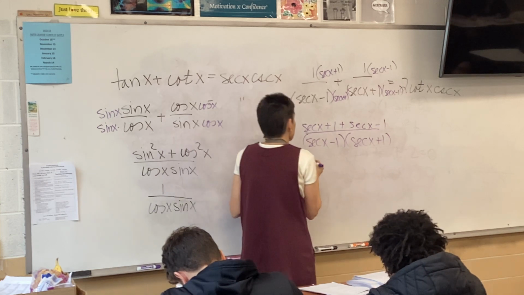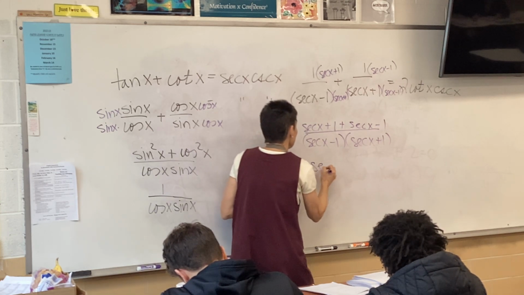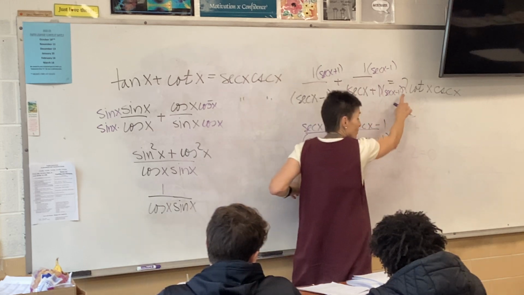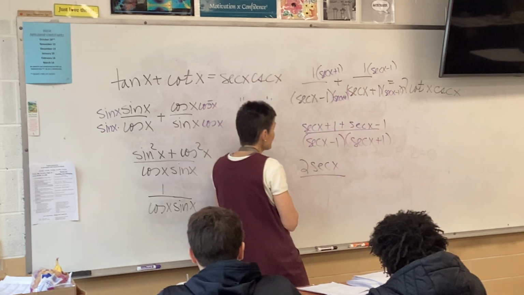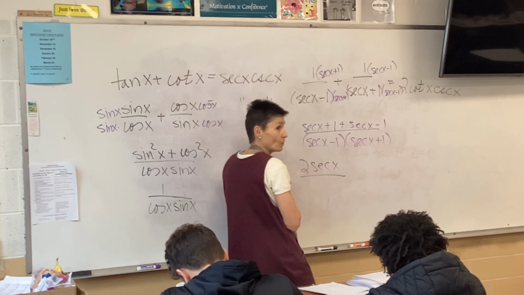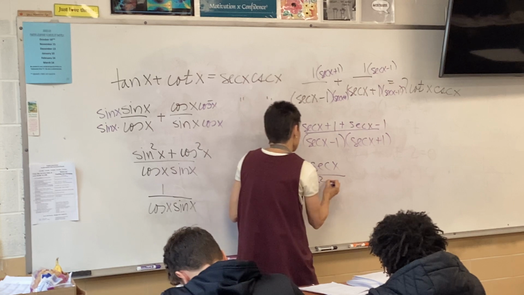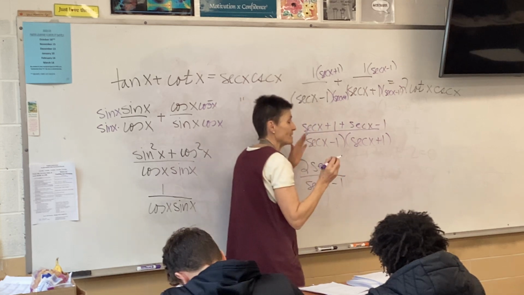2 secant x. So I have 2 secant over... secant squared minus, oh wait a second.